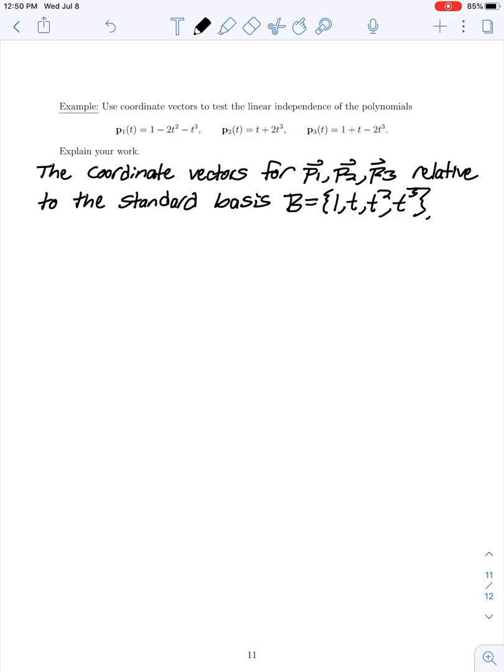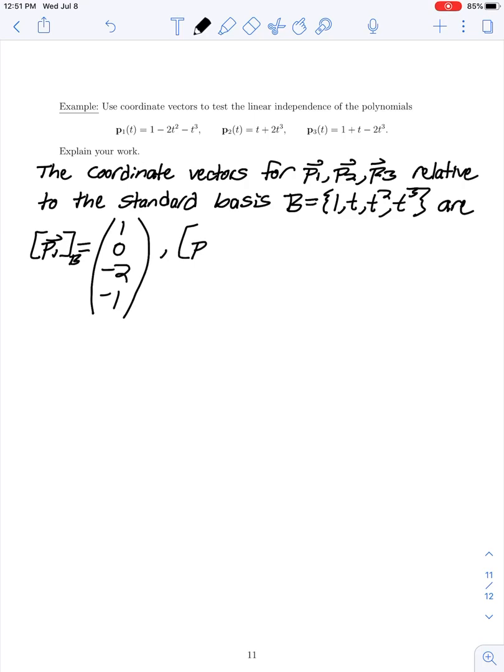So here, these coordinate vectors that I'm looking for are the following. So the coordinate vector for p1 with this basis B would be given by, well, we have p1 is 1. We have 0 t terms. We have negative 2 for the coefficient of t squared and negative 1 for the coefficient of t cubed. Now the coordinate vector for p2, well, we have 0 for our constant.